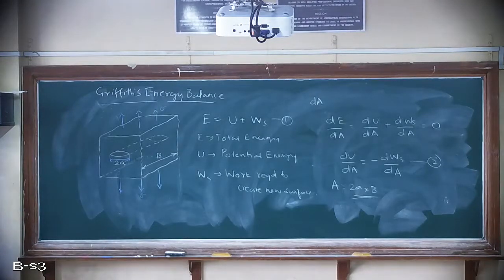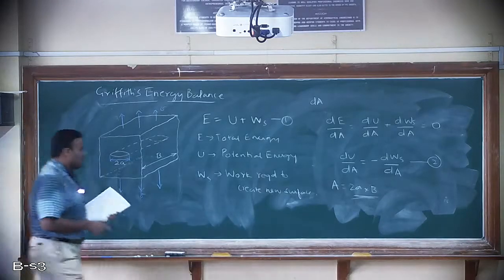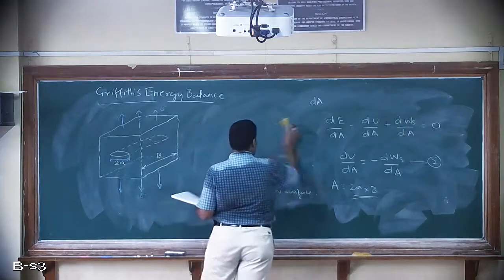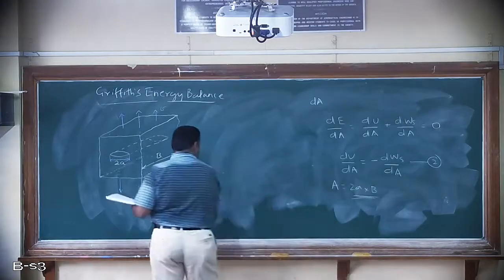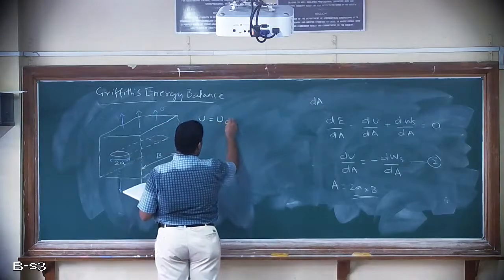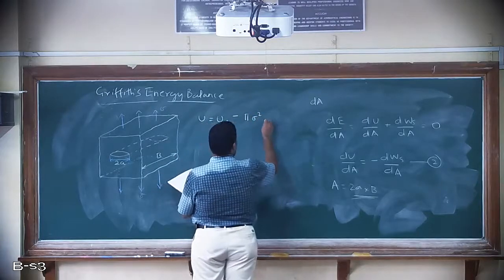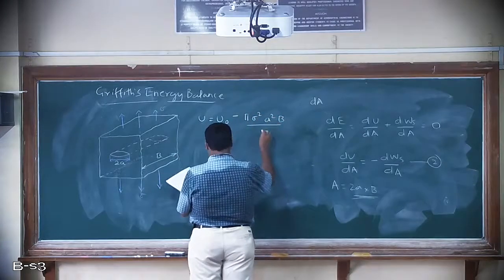He showed that the potential energy in the system will be equal to the potential energy of the uncracked plate minus pi sigma square a square B by E. That is, he gave the equation: U will be equal to U naught minus pi sigma square a square B upon E.